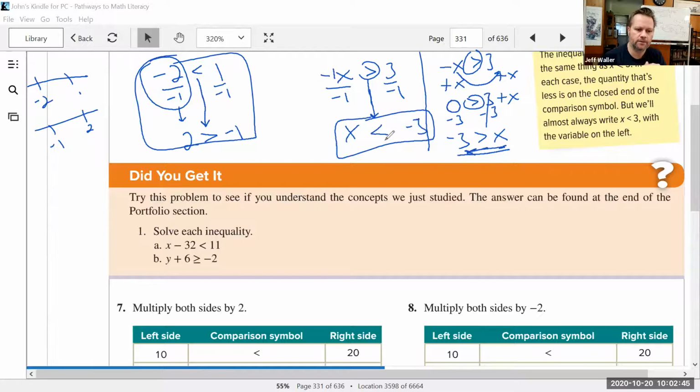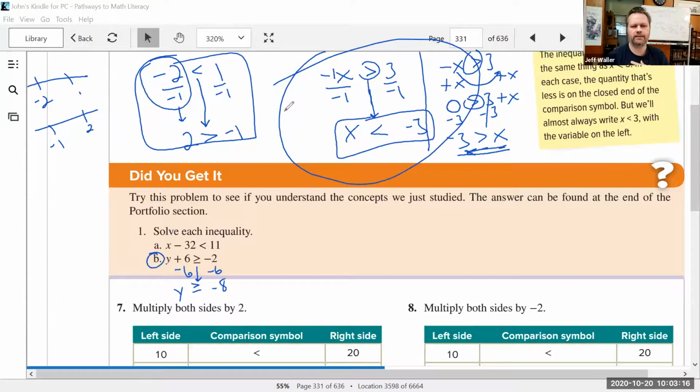So look at this part B down here. This could be a trick question. What would you do to solve this? Subtract 6. Do I flip the symbol? No. Some people take what I said up here and say, anytime I see a negative, I flip. No, that's not what I said. If you multiply or divide by a negative, the symbol flips. Did I multiply or divide by a negative?